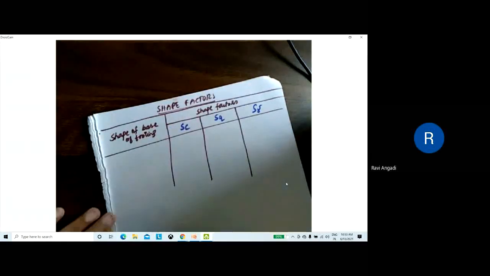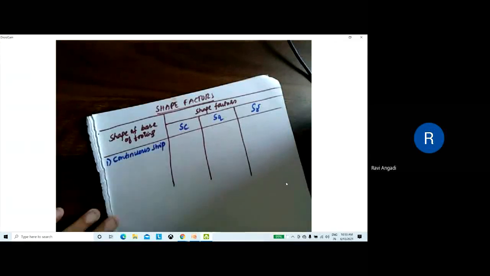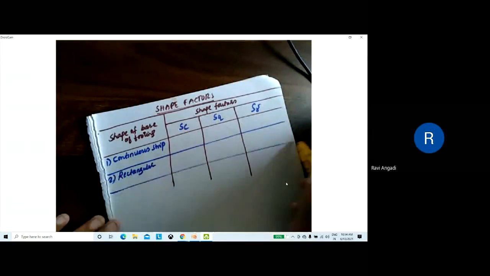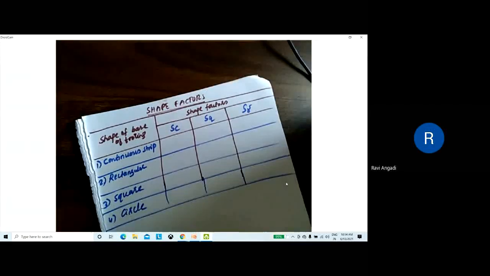Then first, continuous strip footing. Second, rectangular. Third, square. Fourth, circle.